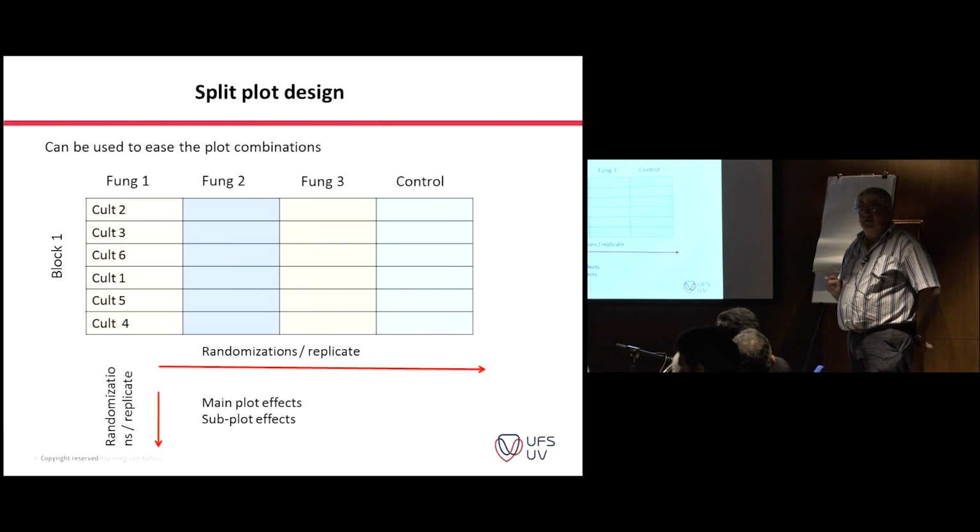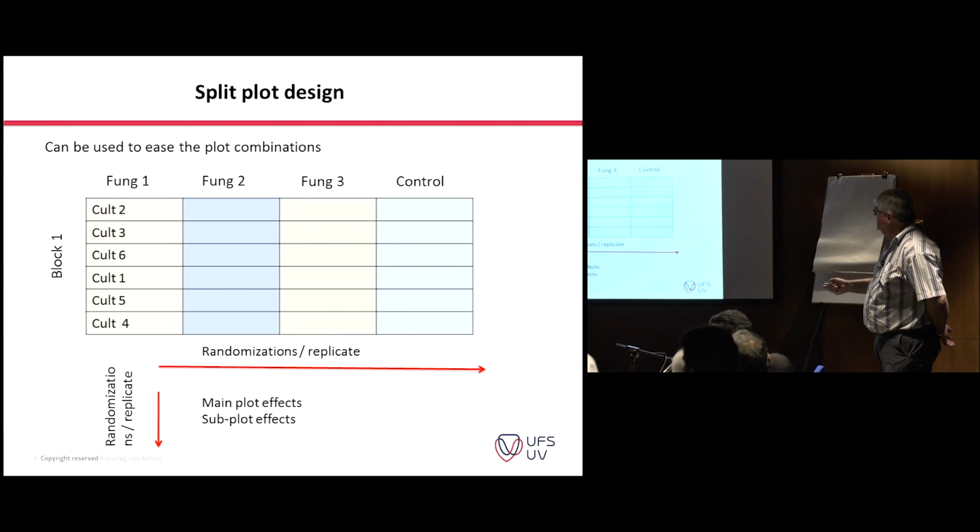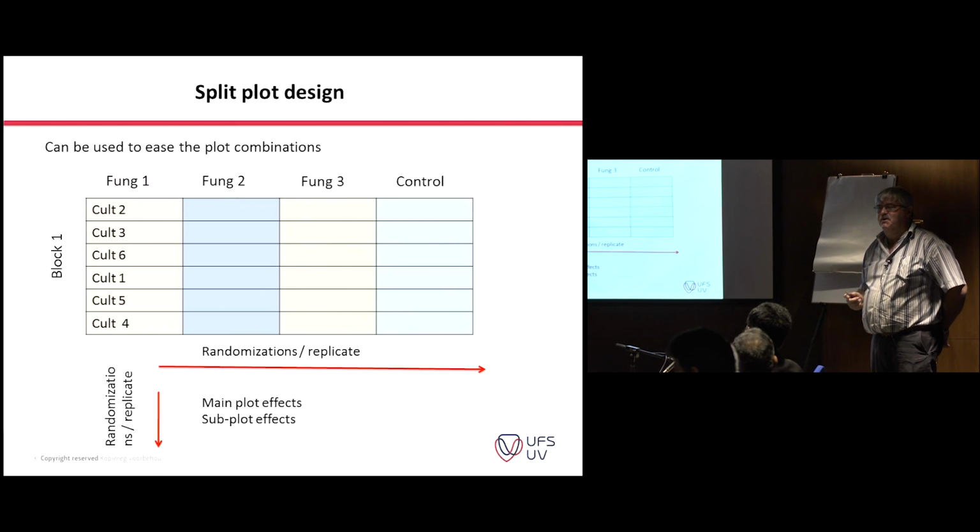And you're randomizing, of course, you have to randomize it, and you'd randomize over blocks. So what you're actually doing is you're setting up the trial so that you can measure the potential interaction between fungicide 1 and cultivar 2 and fungicide 2 and whatever cultivars. Okay. But what you are doing is you're actually saving space.